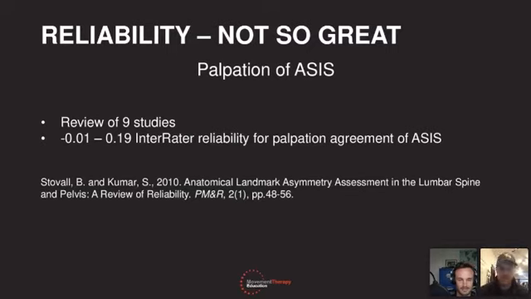It's not a very reliable test between people. Even intra-rater, so me doing it and me doing it again, it was slightly better, but it was still considered just a fair palpation assessment. So that's where reliability of testing is not so great.